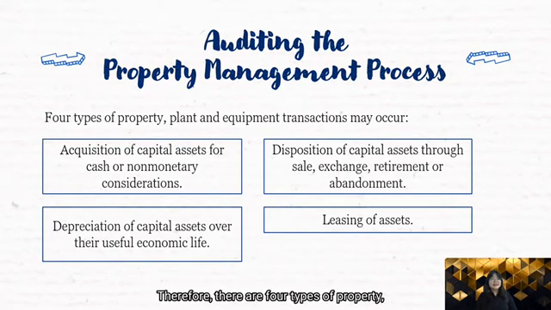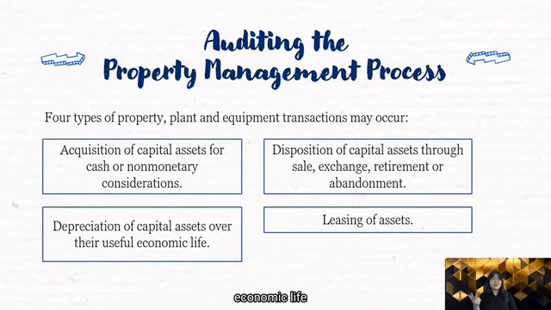Therefore, there are four types of property, plant, and equipment transactions that may occur, which are the acquisition of capital assets for cash or non-monetary consideration, the disposition of capital assets through sales, exchange, retirement, or abandonment, the depreciation of capital assets over their useful economic life, and leasing of assets.